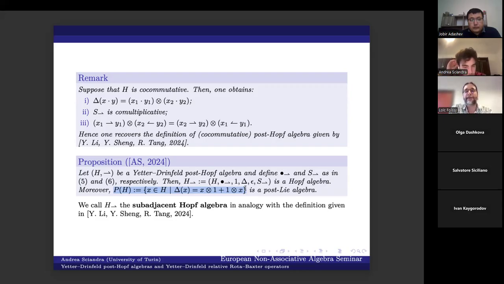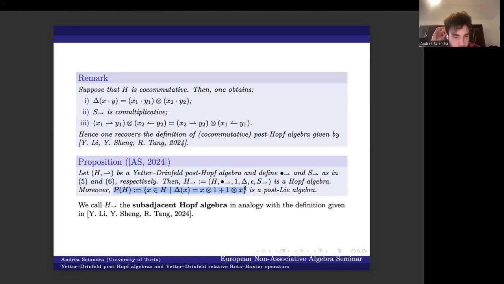What I know is that in the classical case, as I said, you can deform the product to another product on your Hopf algebra, and it's still a new Hopf algebra, but you need the cocommutativity. Without the cocommutativity, it doesn't work. You can obtain a new product, but it's not associative. So I see. It's a little bit useless. Maybe in this case, since if you remove cocommutativity we have a different definition, maybe it becomes a Hopf algebra. I don't know. I have to see the definition of this deformed product.